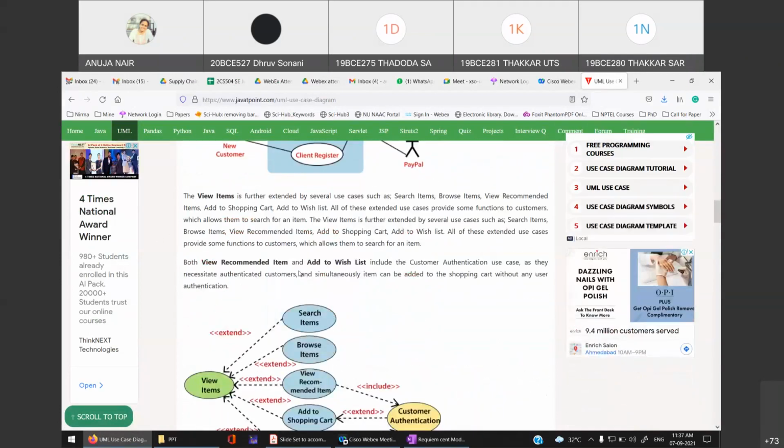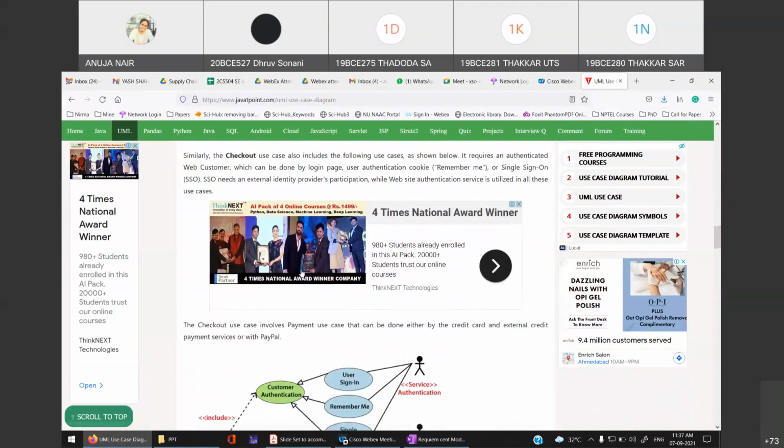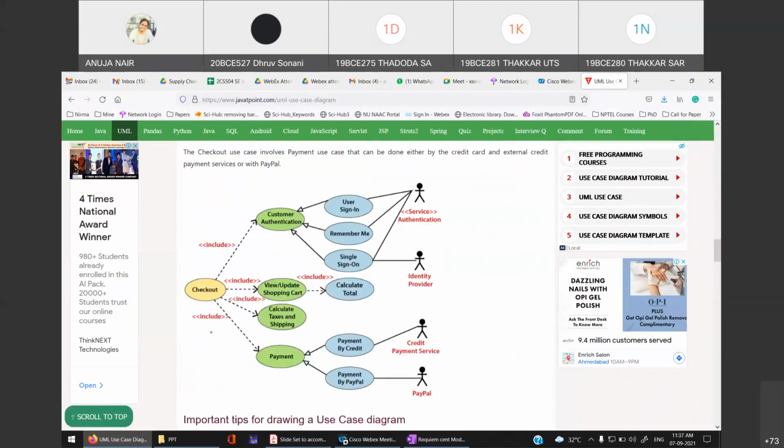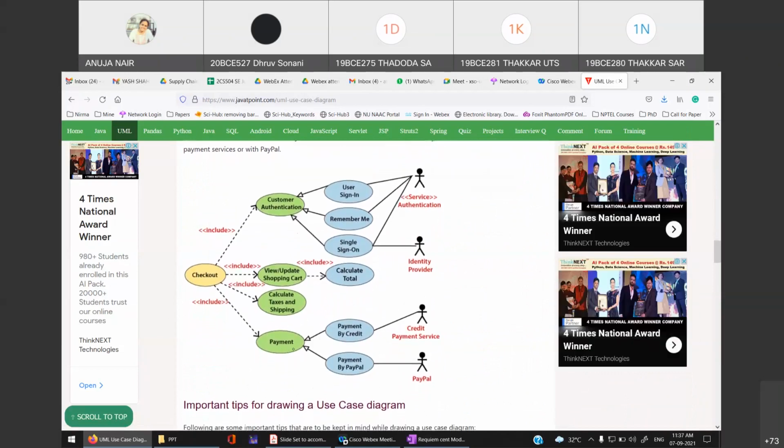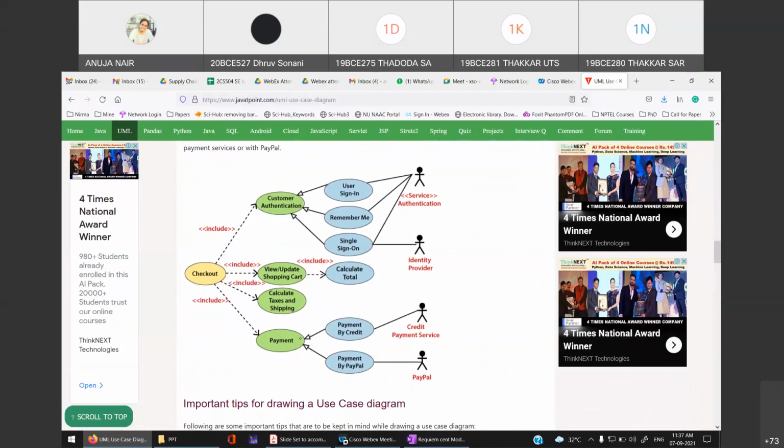Now, in terms of use cases, there is another generalization shown over here. Payment is my base or parent class, and I'm showing that it can be done in two ways: payment by credit and payment by PayPal.